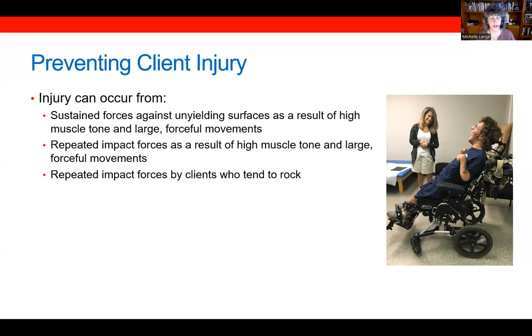We might see a client who instead repeatedly impacts the seating surfaces and wheelchair frame with strong forces. And this could be also the result of increased muscle tone and large forceful movements. And then finally, there are clients who rock within their seating system and may do so with repeated and strong forces. We can certainly see a combination of these sustained and repeated forces as well.